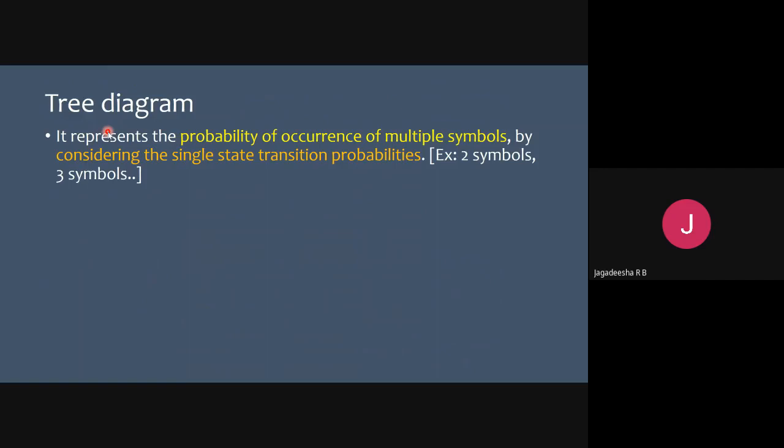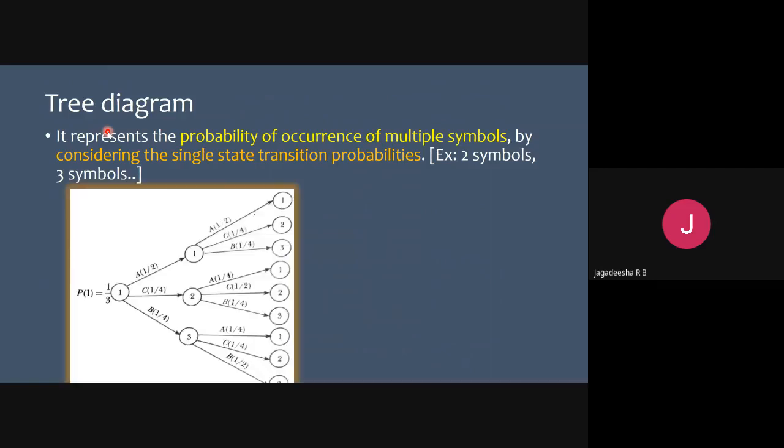In the case of a tree diagram, we will be seeing three symbols, four symbols, and so on. If it is just two symbols, then we can easily do that with the help of a state diagram. That means currently I am in state 1, I want to go to state 2. Then the previous state diagram is sufficient. But a tree diagram will give us an idea to find the total transition probabilities if there are three symbols generated, 4, 5, and so on. If it is a long sequence, then a tree diagram is much more convenient.